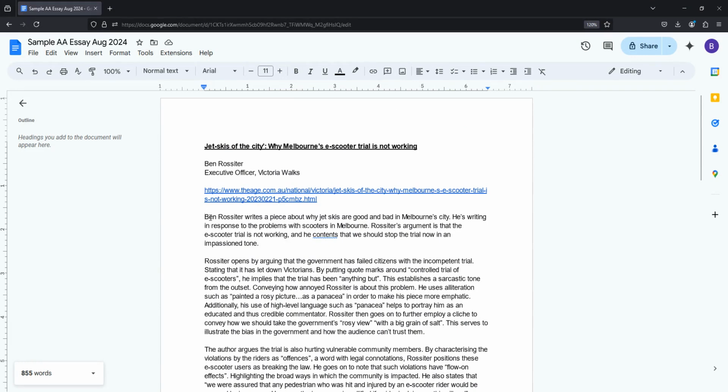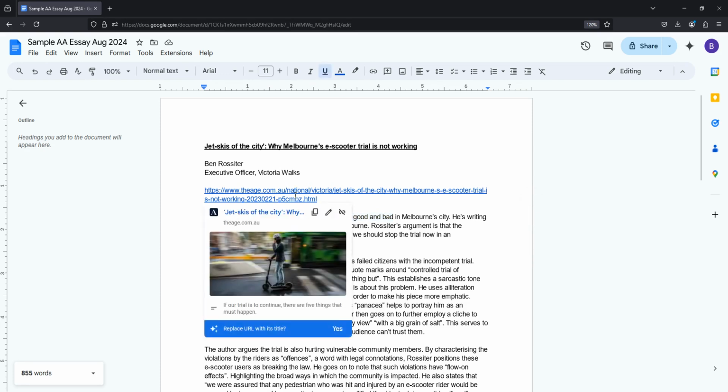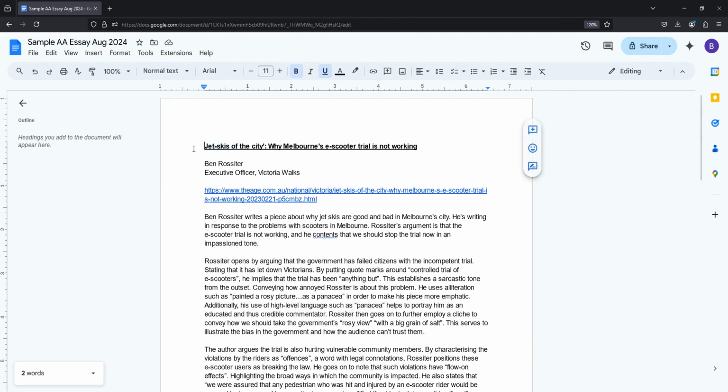Introduction. Ben Rossiter writes a piece about why jet skis are good and bad in Melbourne City. This is a little bit general. The piece, if you read through it, is a criticism of how the e-scooter trial has been managed in Victoria, and he likens them to being jet skis of the city.